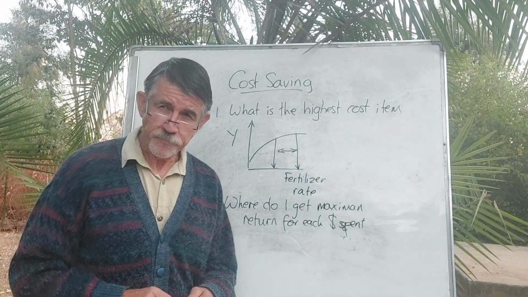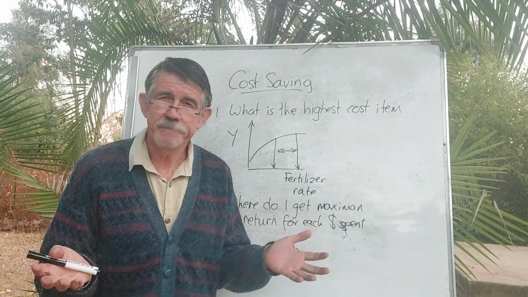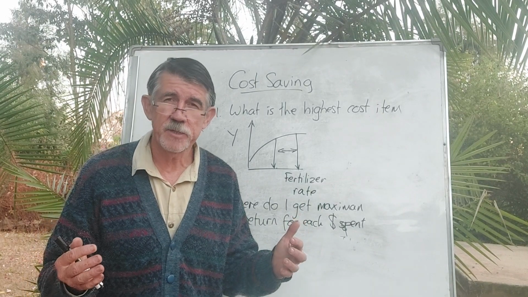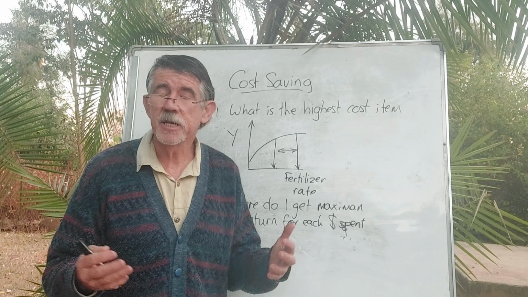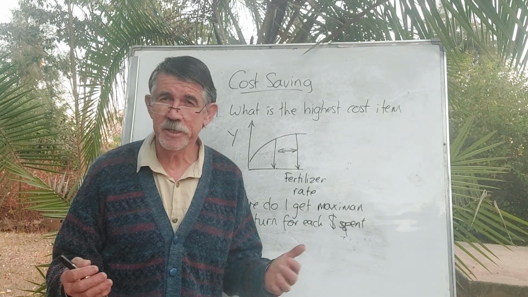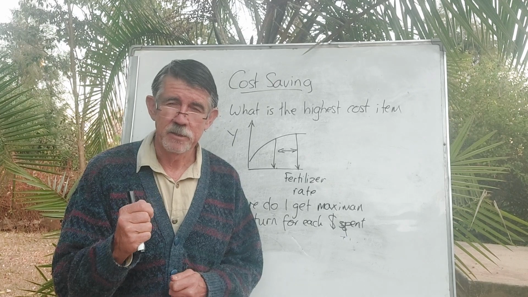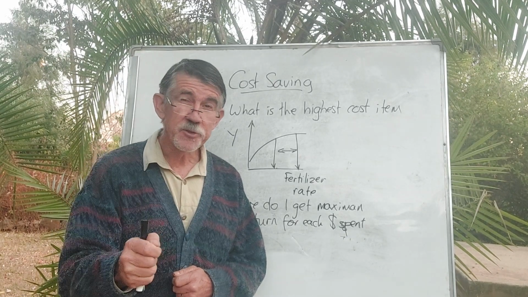Okay, so you have a limited budget, okay? No one has got, well, maybe not no one, but very few farmers have got a lot of money to spend on their farming operation. And in any case, you want to make a positive gross margin and a profit at the end of the day. So if I've got a certain amount of money, where do I put that money to get the best return?